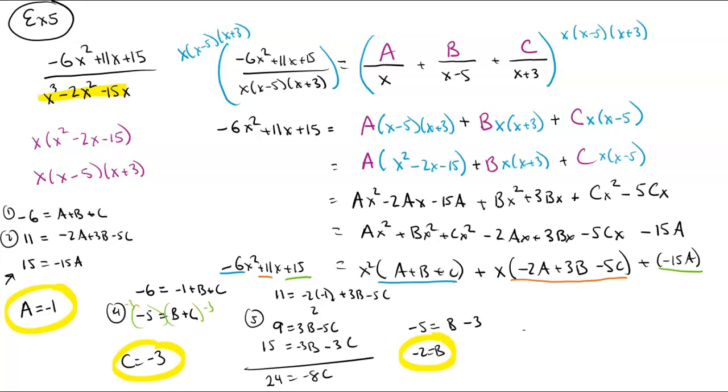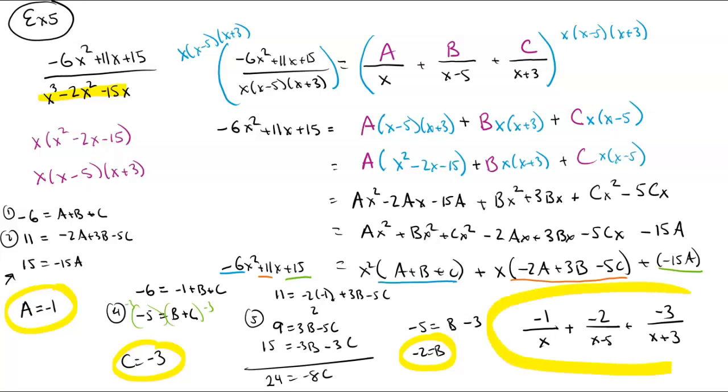So my answer should be a, negative 1, all over x, plus b, negative 2, all over x minus 5, plus c, negative 3, over x plus 3. This is our final answer. Okay, so all 3 variable systems kind of look exactly like this. One of the equations will be a little bit easier than the other.